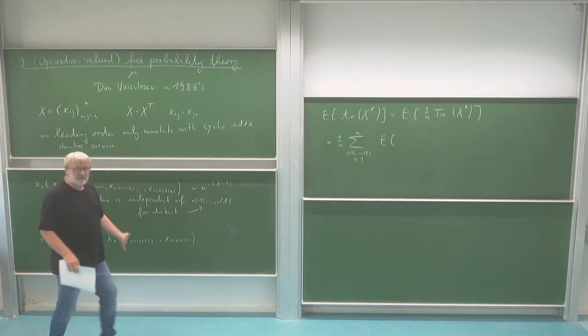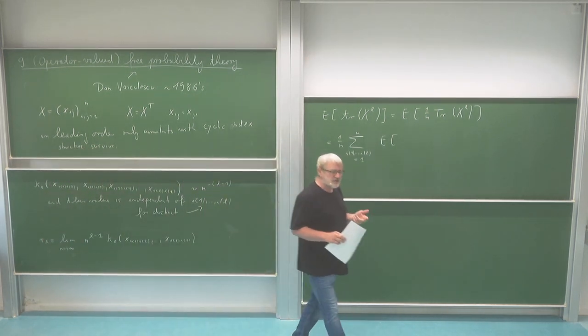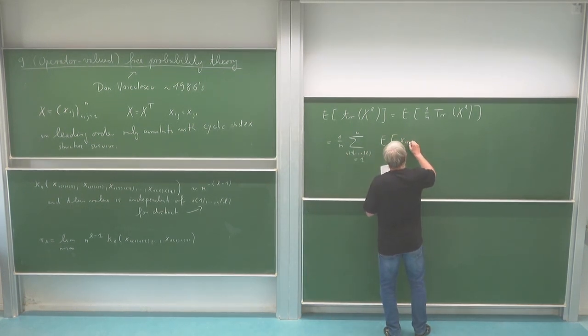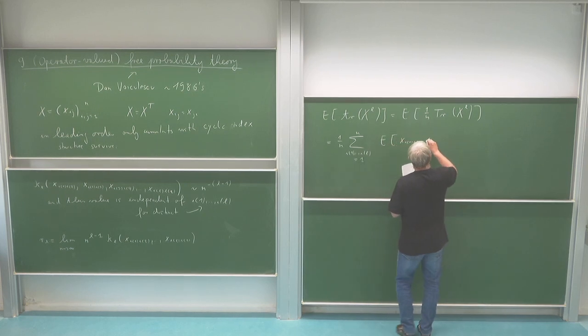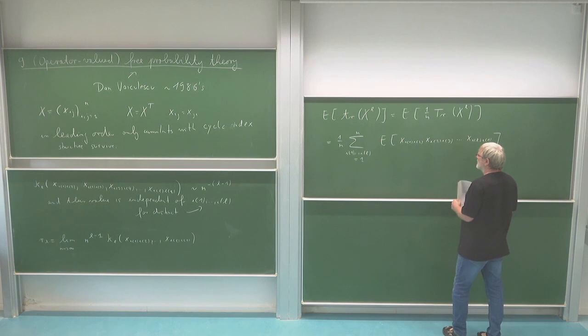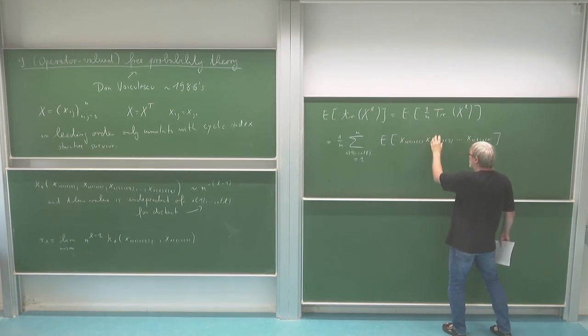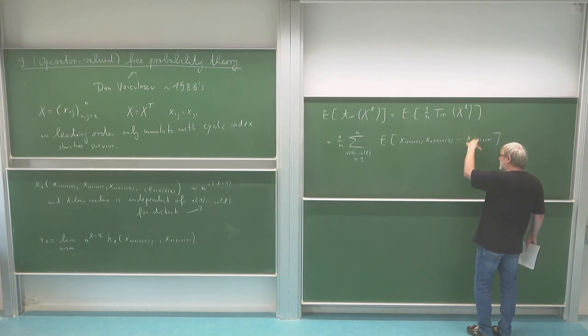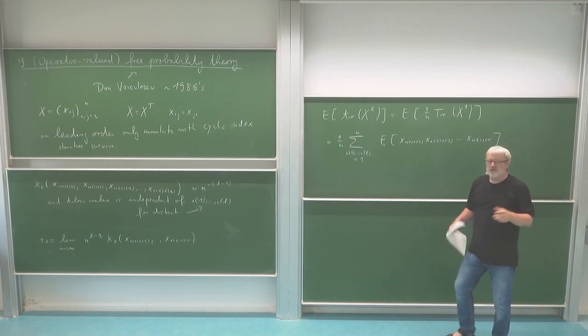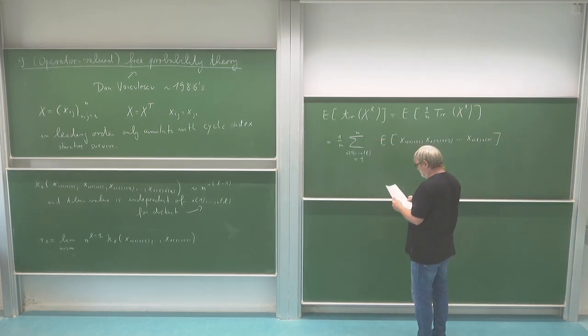Now I really have matrix multiplication and a trace. So I have here x_{i1,i2} times x_{i2,i3}, and so on, up to x_{iL,i1}. Summing over i2 is the product of this matrix with this, summing over i3 is multiplying the next matrix, and then summing over i1 is really taking the trace of this power.